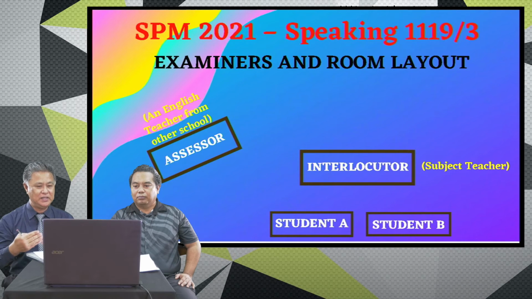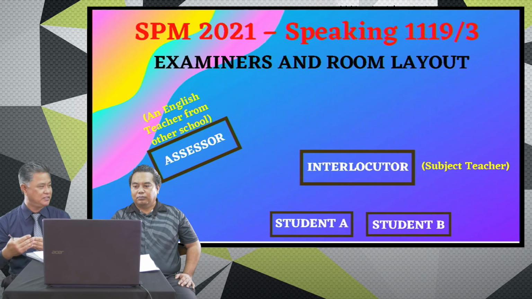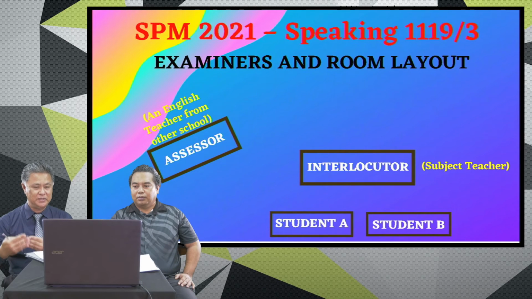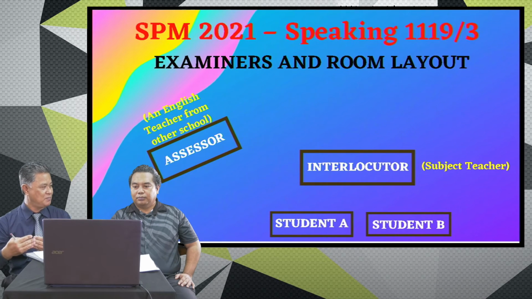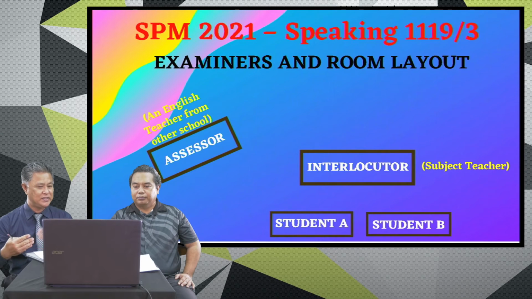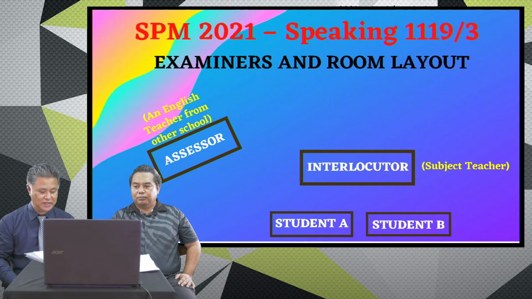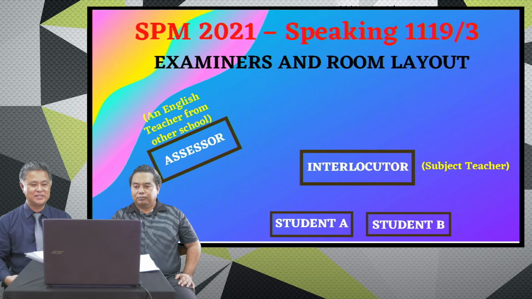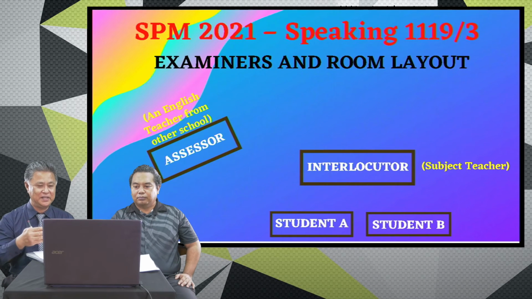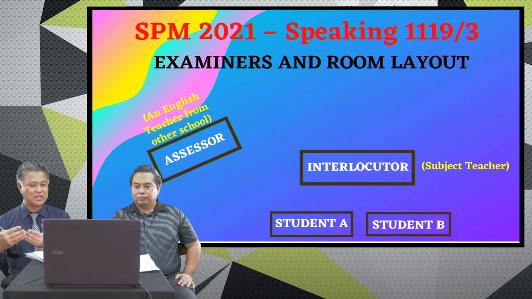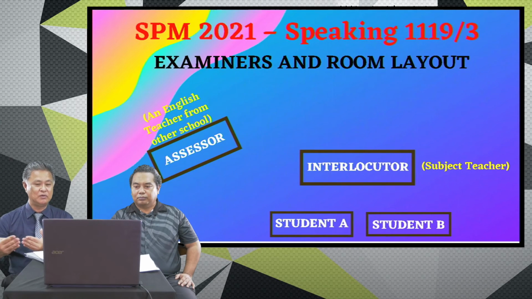And then we have the interlocutor, that is the subject teacher for the candidates. This interlocutor is going to be appointed by the school administrators, and obviously he or she is going to be the subject teacher for the candidates. So remind your students not to be afraid of the interlocutor because he or she is your subject teacher that you know well, or know best.